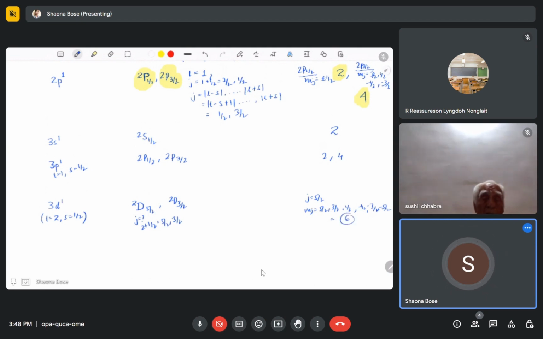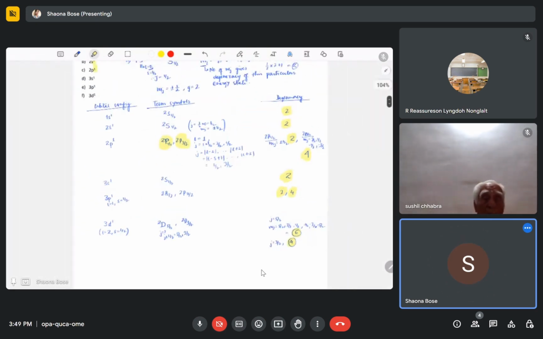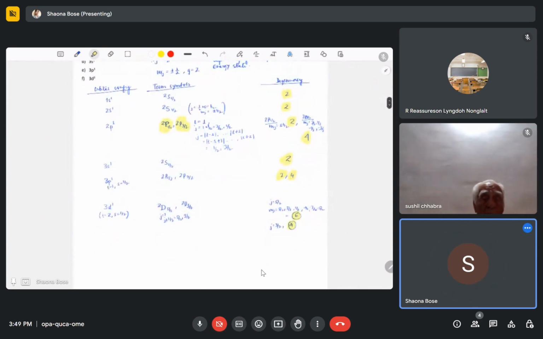So degeneracy is 6. And for J 3/2, as we have seen earlier, degeneracy is 4. Okay, so I will highlight these once again. So that's it. That's our table.